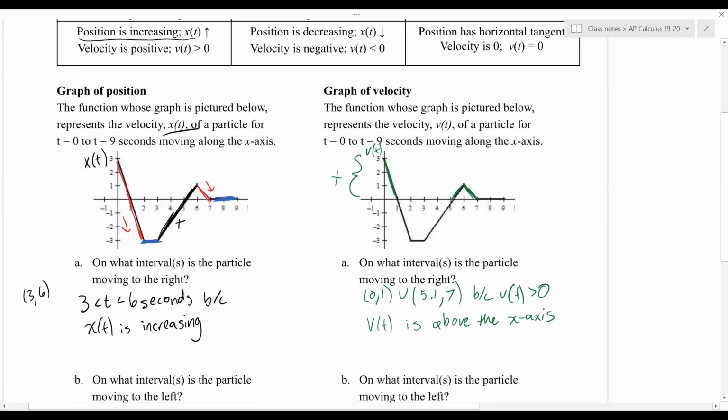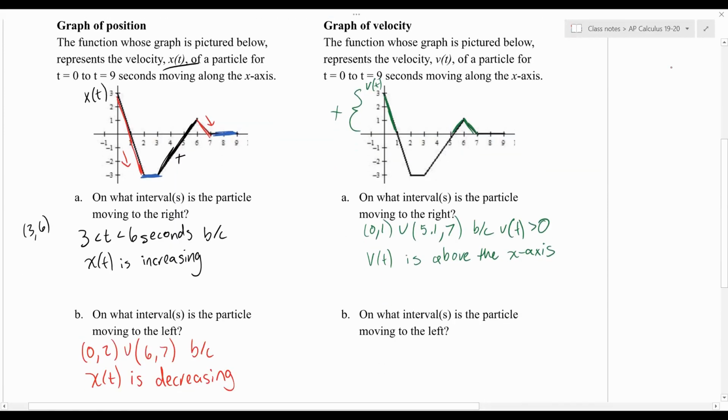To find when it's moving to the left, we have to look at where the velocity is negative, where it is below the x-axis. So here, our velocity is negative, anywhere below the x-axis.